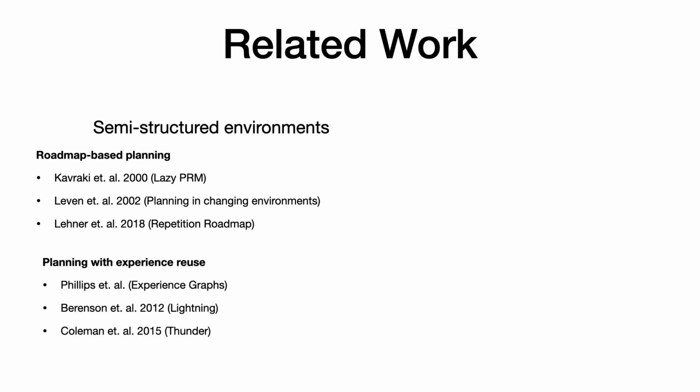Another class of planners exploit previous experiences to speed up search by either using experience-guided heuristics or reusing segments from previously computed paths. While all these approaches do provide significant speedups, they do not provide fixed time planning guarantees.